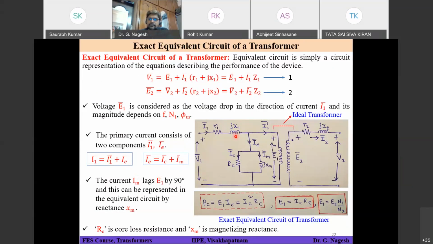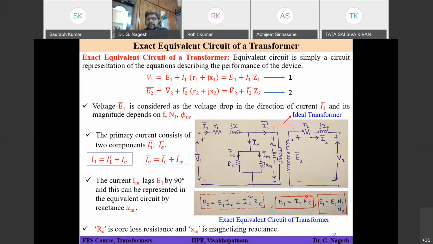Okay. Right. So can anyone guess what will happen to V2 if I transfer onto the primary side? V2 transferred onto the primary side. V2 is a voltage. Sir, may decrease, sir. Okay, you say in terms of N1 and N2.